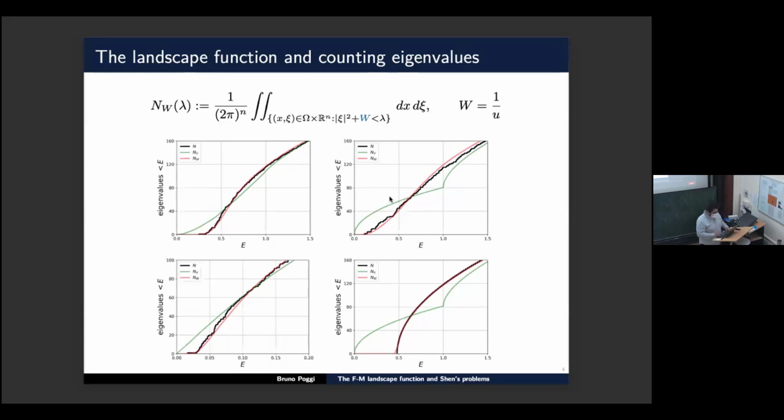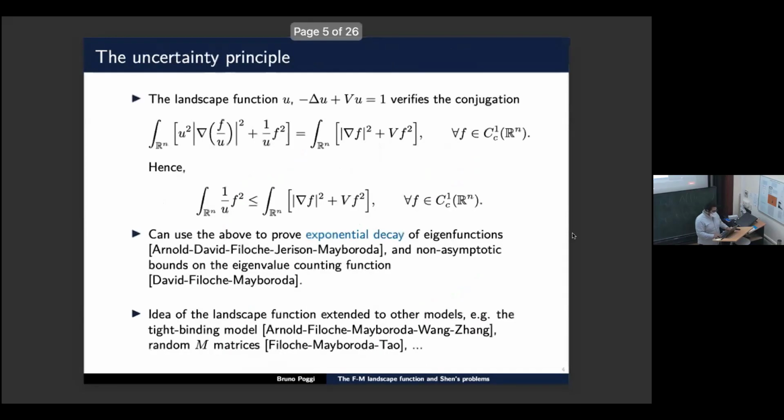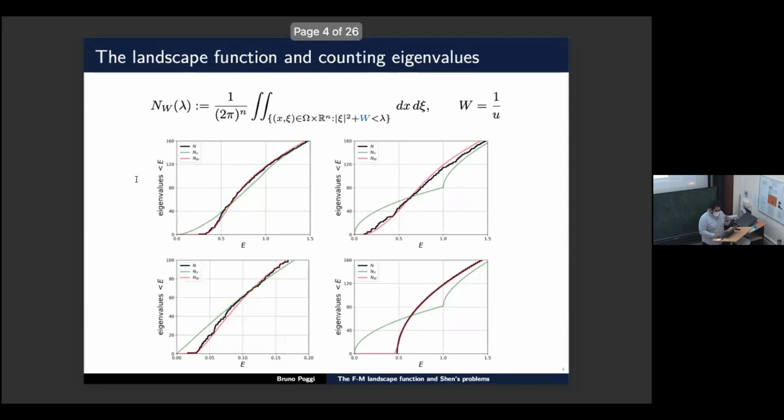This has several applications in physics, so that's why it continues to be studied now. There are also recent mathematical theorems making this a bit more precise, although they don't necessarily capture the full strength of these numerical results.